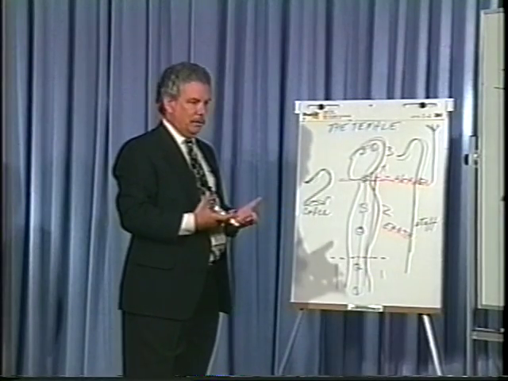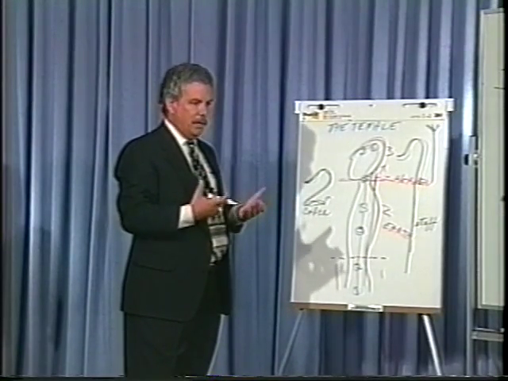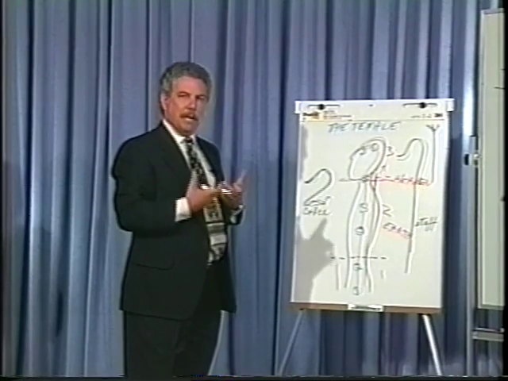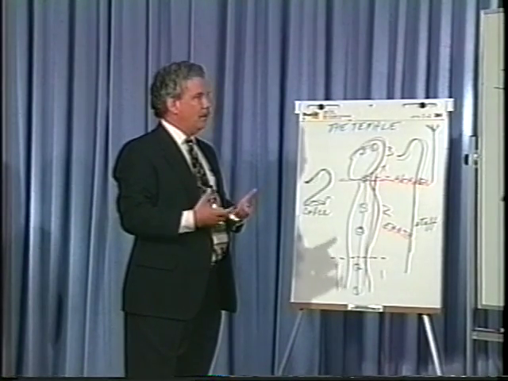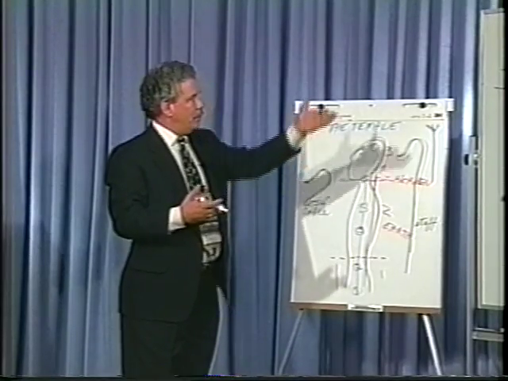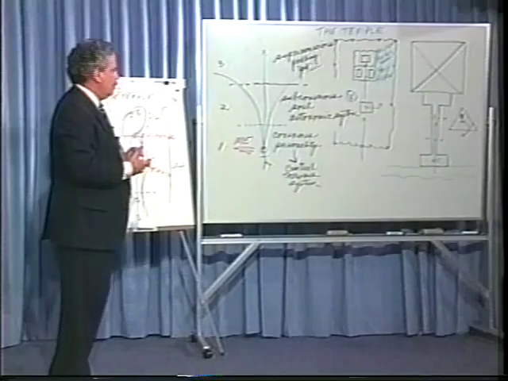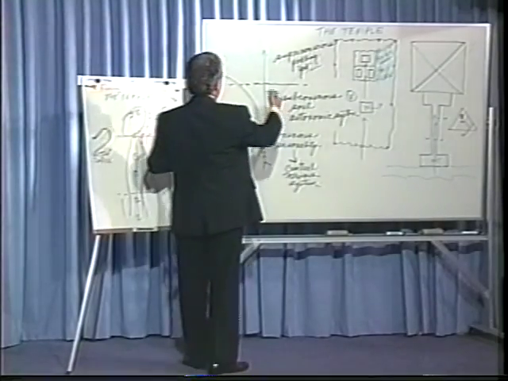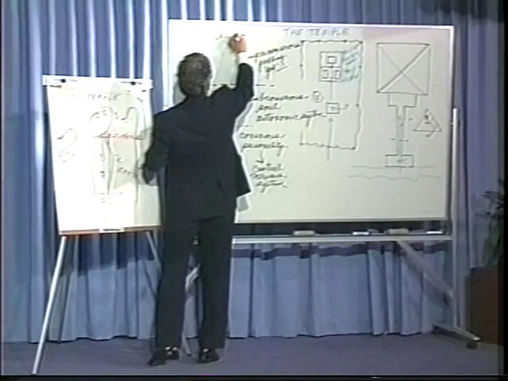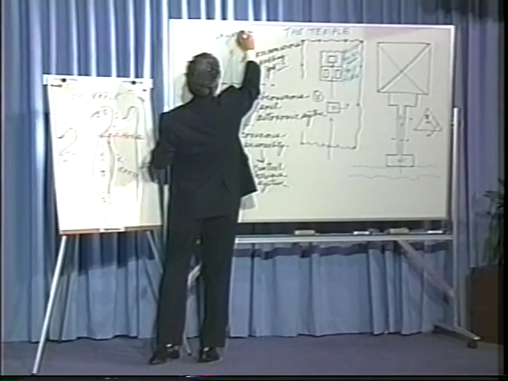It is difficult. The outer self has to make many transitions in order to get there, but it's not impossible. And there are some very key steps that we're going to talk about today that will show you exactly how to make this passage.